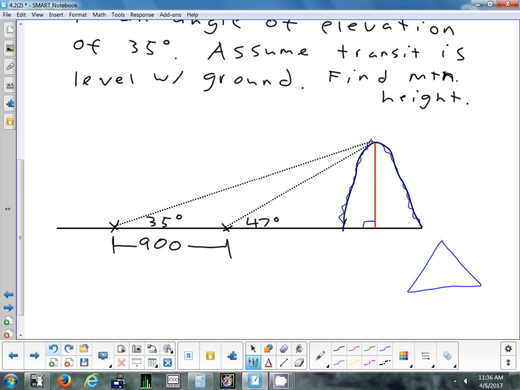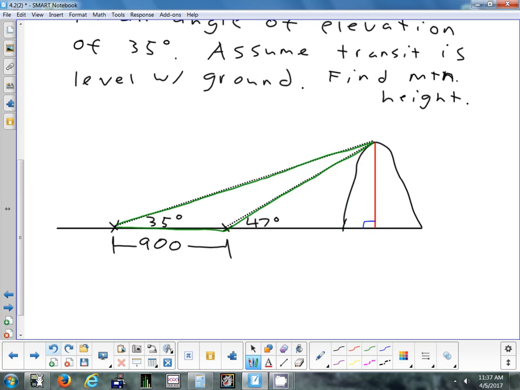Okay, so first thing we want to look at is what we were given and see if there's anything else we know. And I want to start by focusing on this triangle in green. I can't really do much with that side in red because I don't know any sides in this triangle.